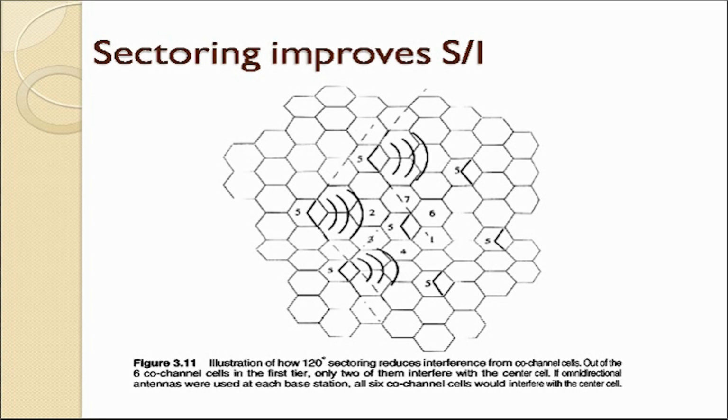And the fourth one, in an urban area the directional antenna patterns are somehow ineffective in controlling the radio propagation. These are all the disadvantages of sectoring.